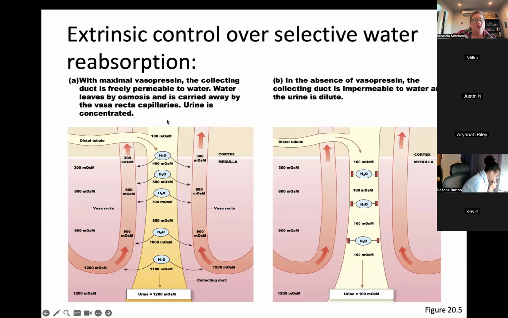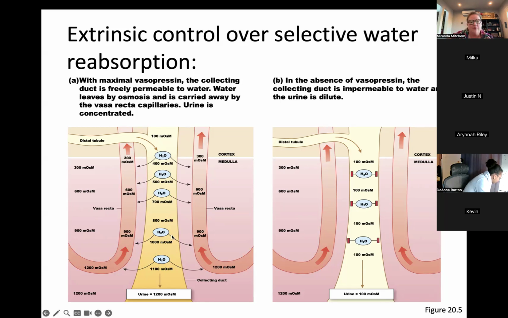So this is the distal tubule, and we're looking at the collecting duct. And you can see that we're moving out water here, but it is possible to move some ions. But what we're looking at here is the expression of vasopressin, and vasopressin puts those aquaporin channels into the tubule.